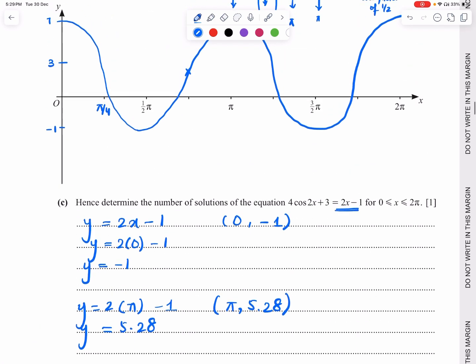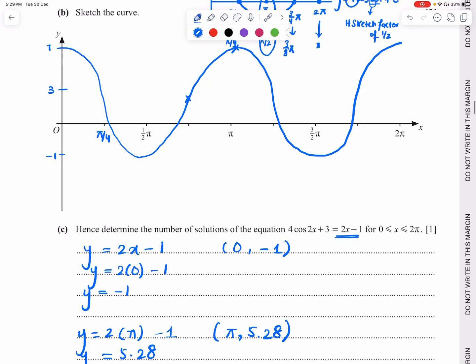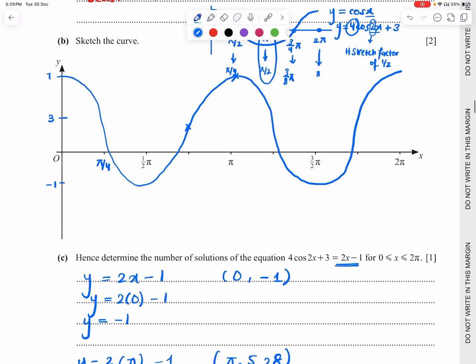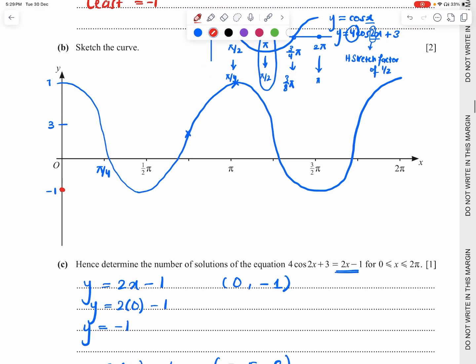Now simply you need to plot these points. The first point is 0 comma -1. I'm going to plot this in a different color. 0 comma -1 over here. Actually I'll plot it with dots. And then we have pi and 5.28. Now I can say that 5.28 will be somewhere over here maybe.